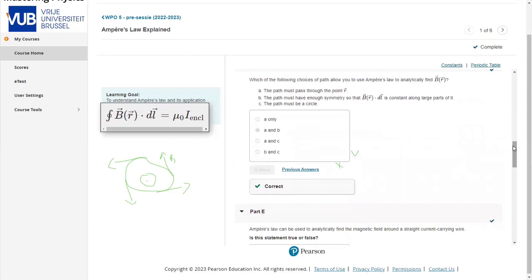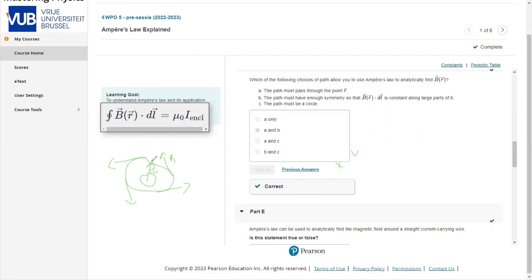Which of the following choices of path allows you to use Ampere's law to analytically find B? The path must pass through the point at radius R, I mean the array. So my array is like that, that's the center, that's the distance R. So basically, my path must pass through the point.